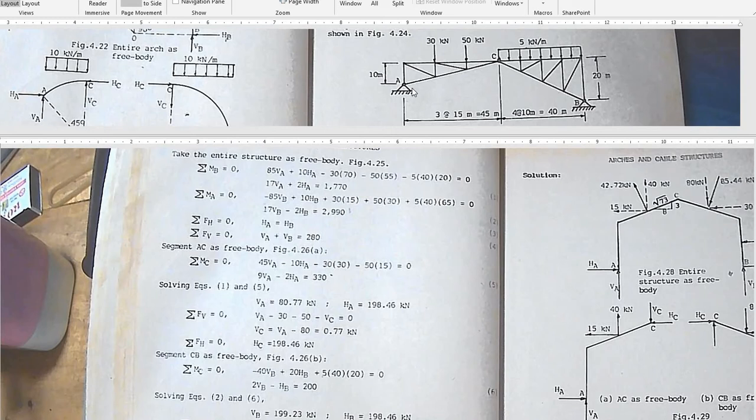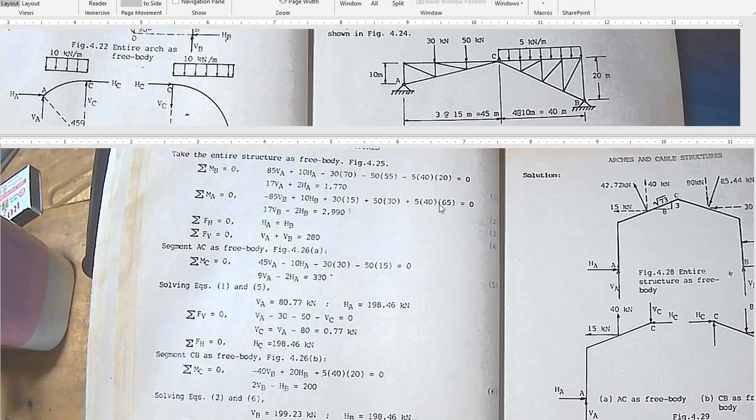And then, let's take moments at A. So, remember na kapag meron kang change in elevation, laging two unknowns kaagad, ano? VA and then H sub A. So, summation moment at A is equal to 0. And then, 85 times V sub B plus 10 times H sub B. Okay, remember na meron tayong horizontal reaction here at B, which is HB, vertical reaction at B is V sub B. Plus 50 times 30 plus 5 times 40 times 65.